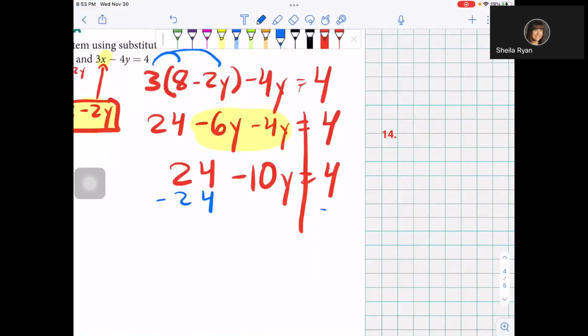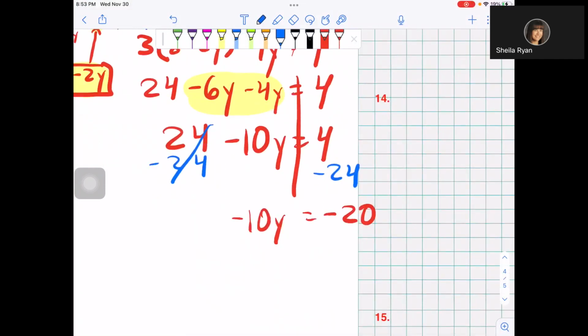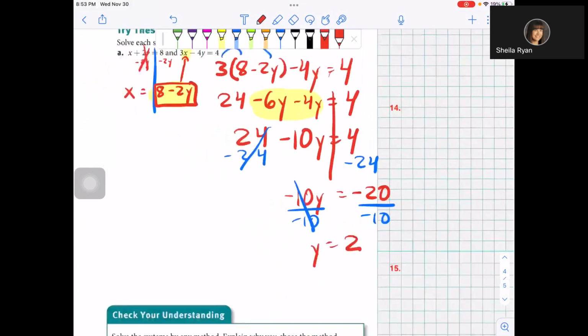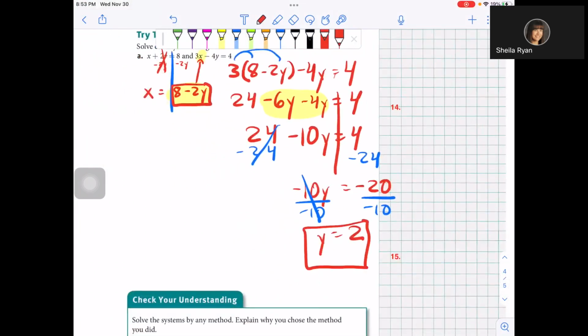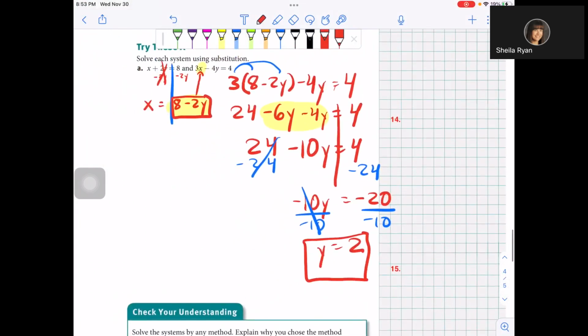We would do minus 24, minus 24, negative 10y. 4 minus 24 is negative 20. And then finally, divide by negative 10, divide by negative 10. Negative 20 divided by negative 10 is 2. So we know our y value is 2.